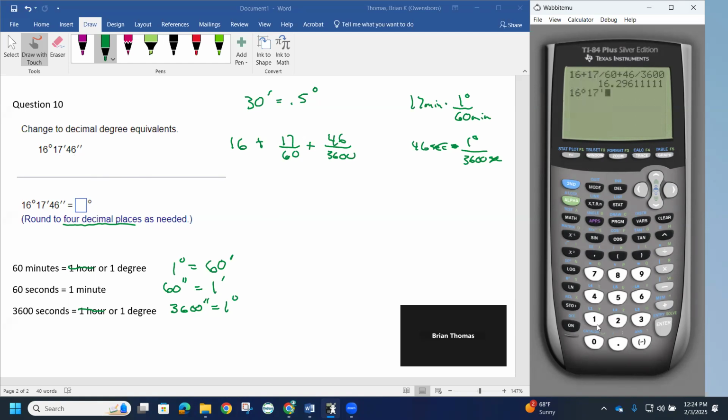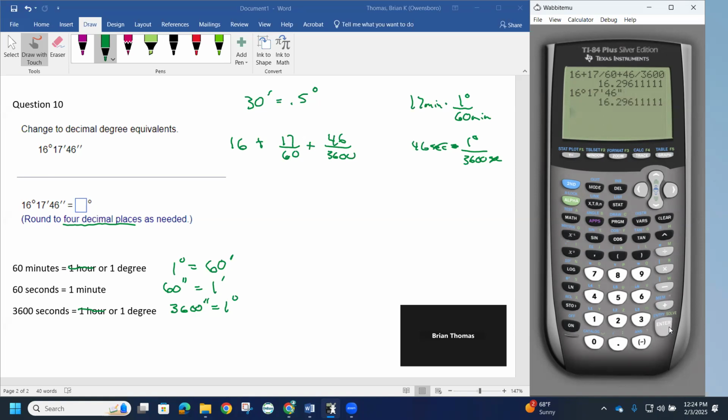Then I can type the 46 seconds. Now the seconds symbol is not actually there. It's hidden over here. It's a quote right above the plus sign. To get that to pop up, you have to hit the alpha button and then the plus sign, and it'll do the 46 seconds. So if I hit enter now, it'll convert it over to the same thing.